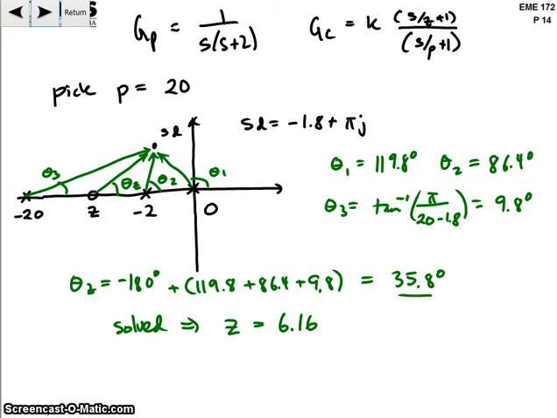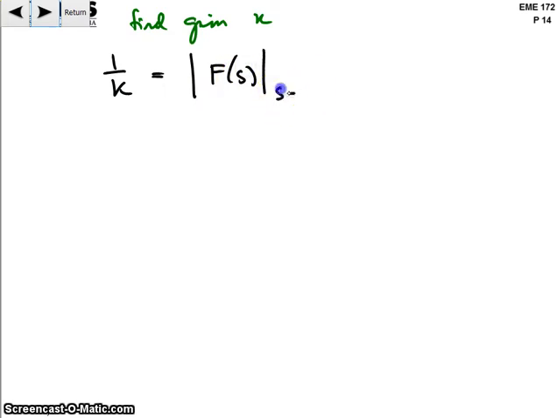And now I can find the gain. Okay, so we'll find the gain K. And to do that, I'm going to use the equation, right? 1 over K is equal to f of s evaluated at s equals the desired pole location.